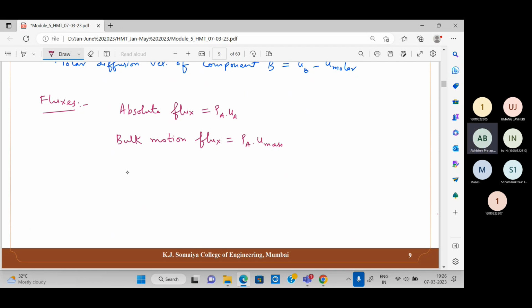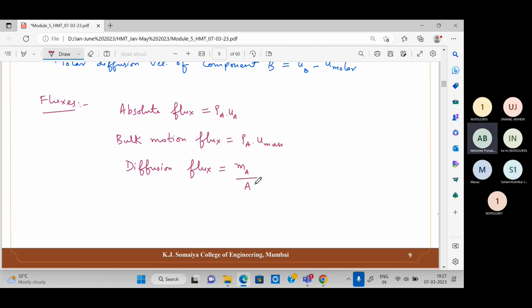Now the diffusion flux is this. What is MA divided by A? This is nothing but the mass flow per unit area per unit time.